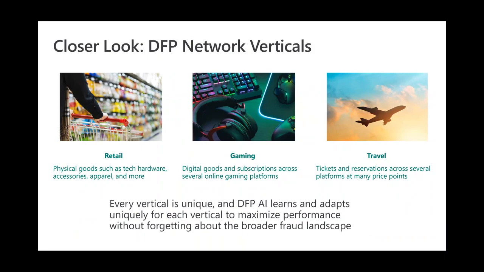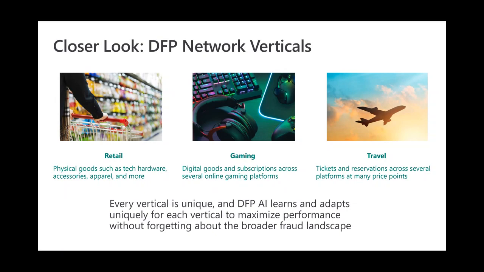We understand that fraud attack vectors in the retail space may look completely different from fraud attack vectors in the gaming space. If you're selling physical goods that are shipped from a warehouse, your attack vectors and your potential loss rates are different from digital goods or digital assets that you are selling, say, in an Xbox store, which can be revoked or called back.